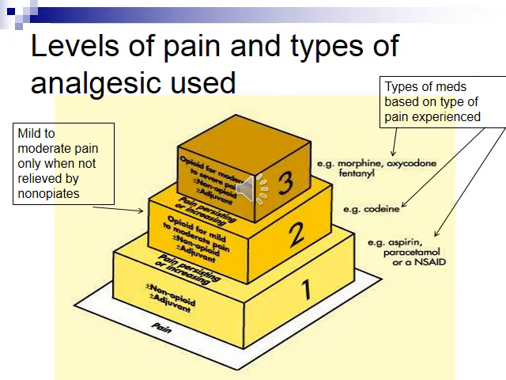So the levels of pain that we're dealing with, again, mild to moderate, moderate to severe, you look to see the type of meds that are going to get prescribed. And the World Health Organization put together a management hierarchy, if you will, of how to manage this. So typically for your more mild to moderate pain, you're looking at using just something like an acetaminophen or even an NSAID if applicable.